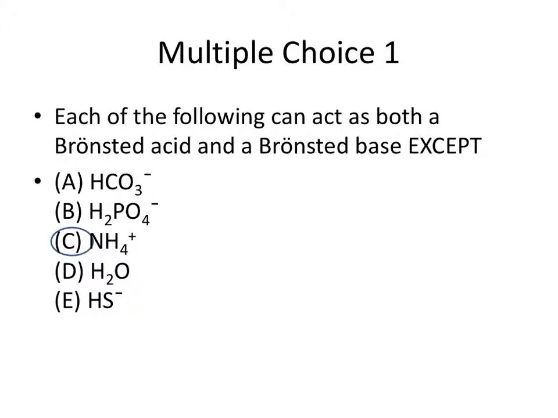All right, multiple choice. See if you can answer those. How many multiple choice parts are there? All right, which of the following can act as both a Bronsted acid and a Bronsted base? Well, here's the deal. If it's a Bronsted acid, you've got to know the definition. What is the definition? Proton donor.